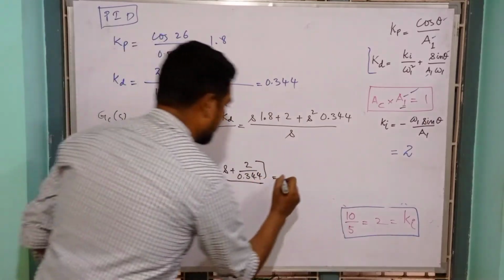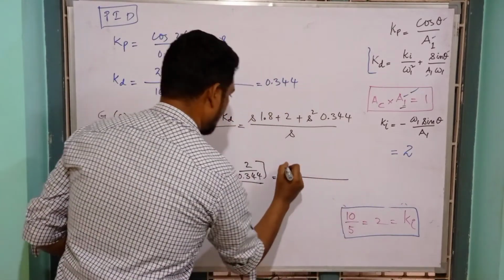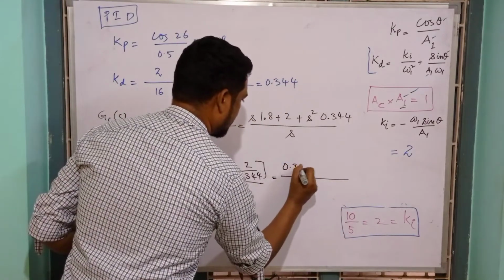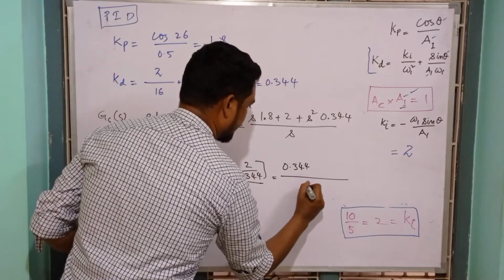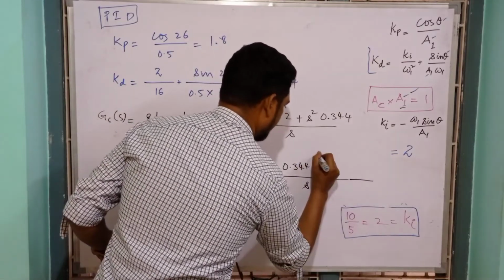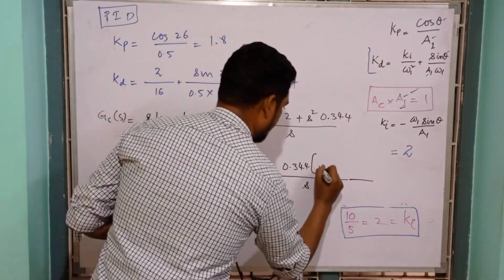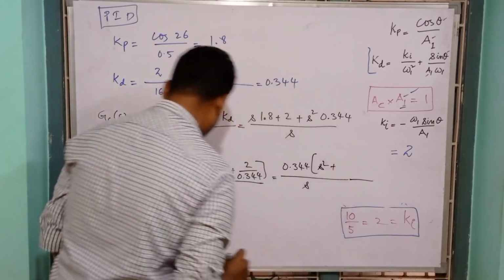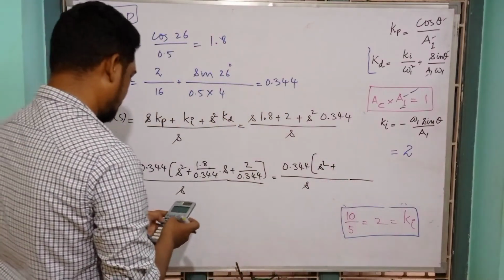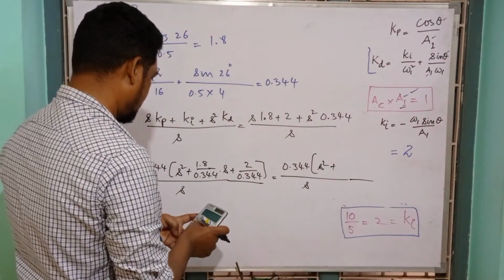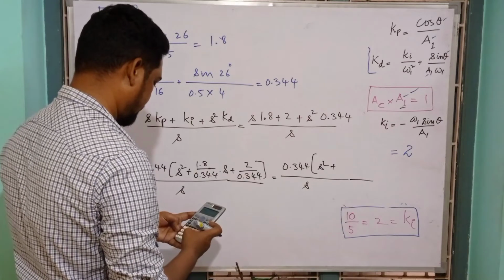Simplifying this even more, what do we have is 0.344 by S into S square plus, how much is it? It's 1.8 divided by 0.344, isn't it?